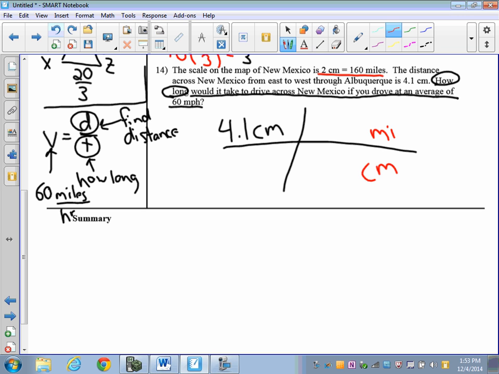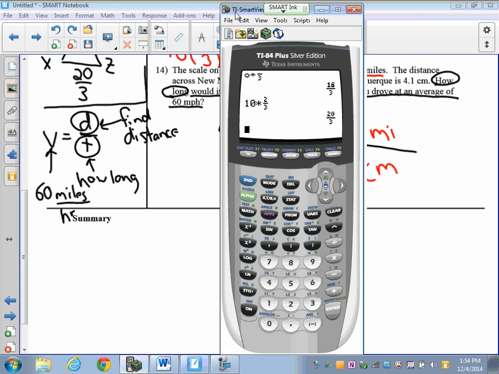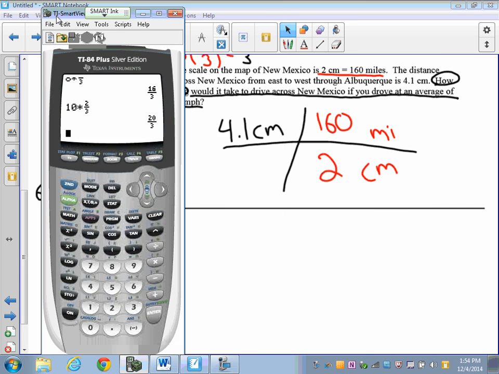So what I can do is I can just put 2 over 160. That's my scale factor. So in my calculator, what I'm going to do is alpha y equals enter. I'm going to take 4.1 times 160, and I'm going to divide it by 2.